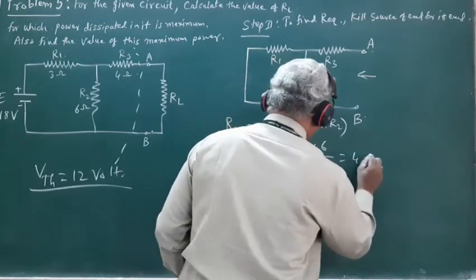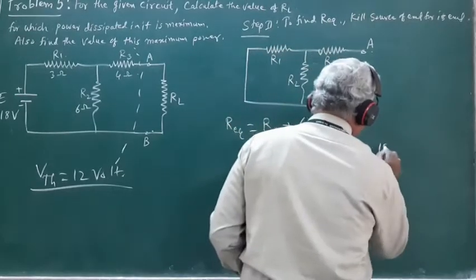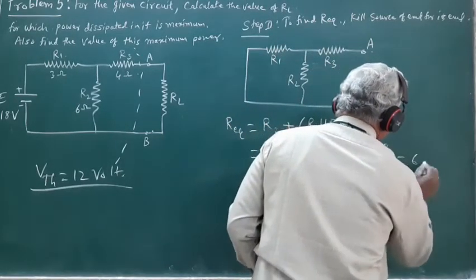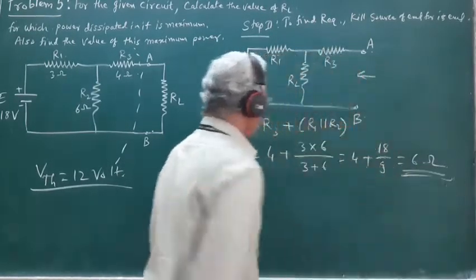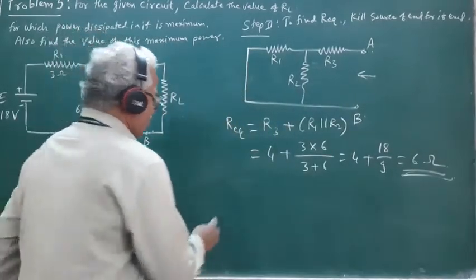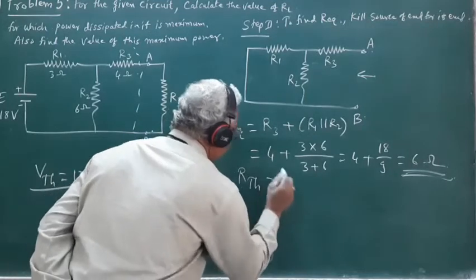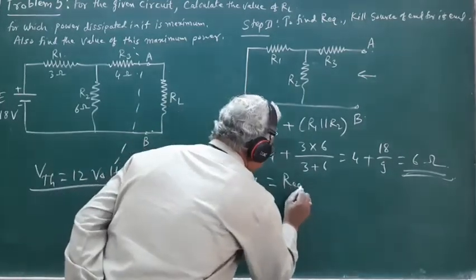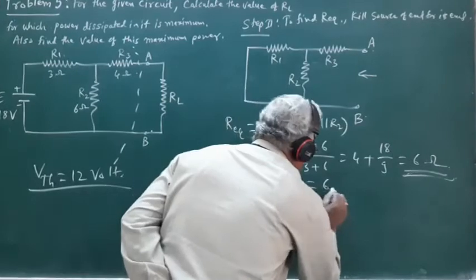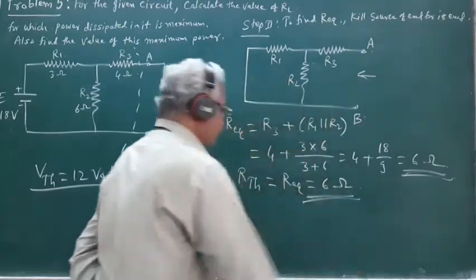So this is 4 plus 18 by 9. So this is equal to 6 ohm. So R equivalent is 6 ohm. Therefore, RTH, the Thevenin resistance, which is nothing but equal to R equivalent, works out to 6 ohm.